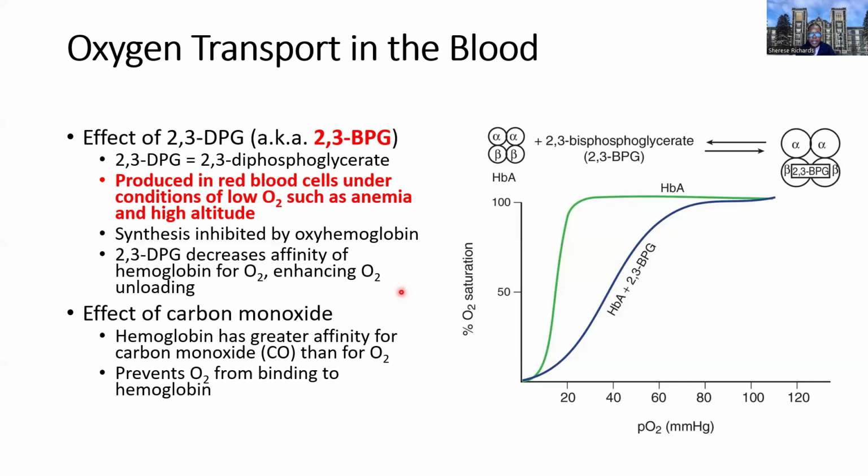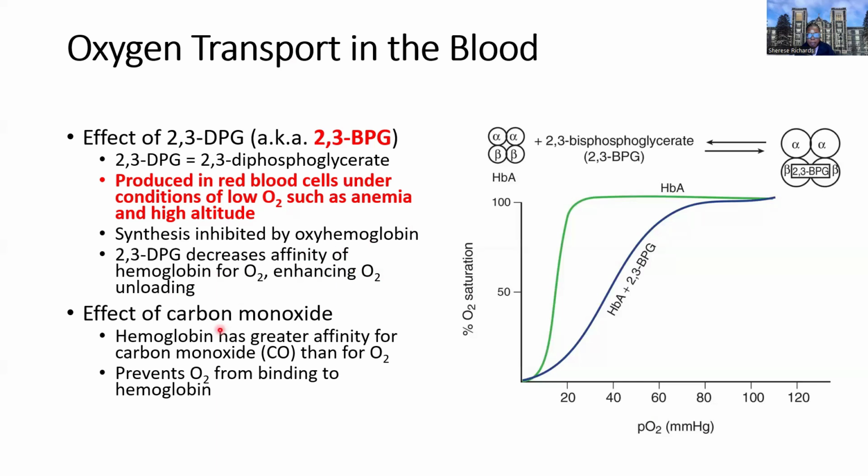And so this makes it easier to offload oxygen, which is what we want if we're at higher altitudes or we have anemia, right? We have a higher demand. Okay. So it enhances or increases the oxygen unloading, but it makes the loading a little bit more difficult in terms of the diffusion towards hemoglobin.